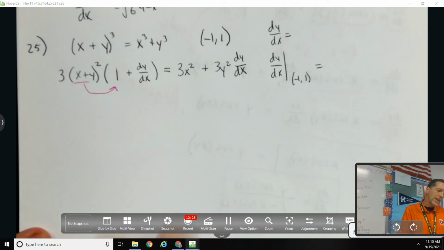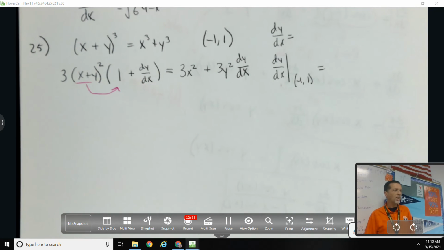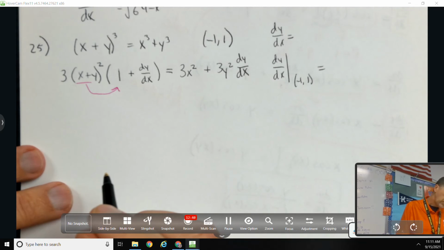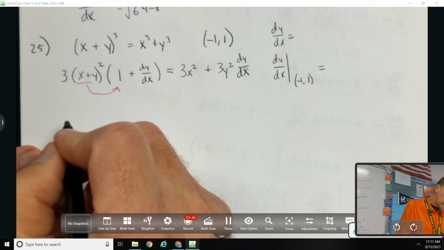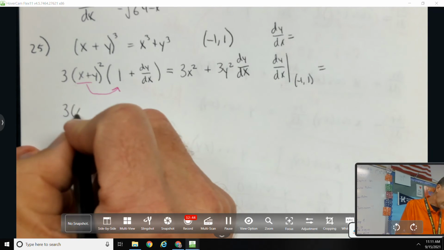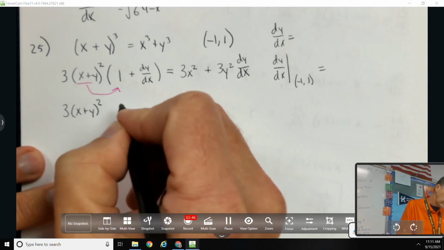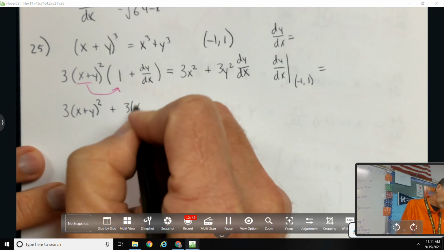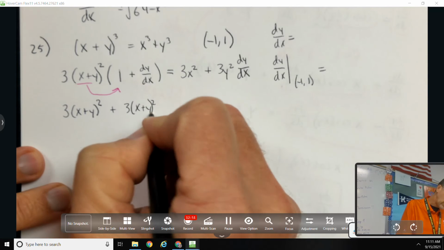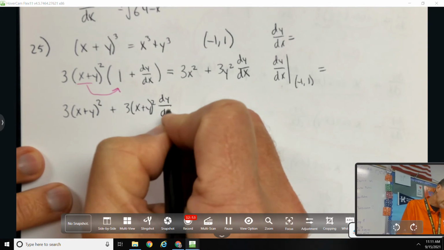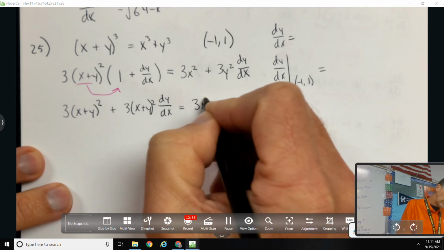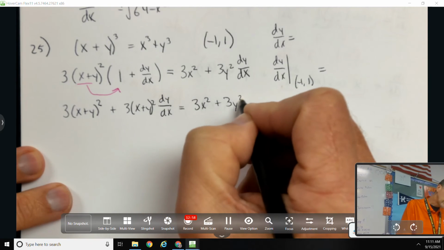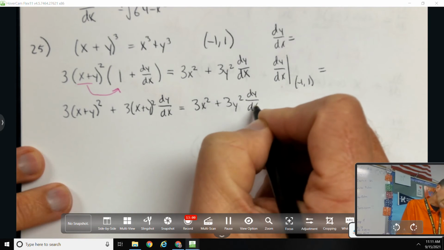Once again, I got dy/dx on both sides, and one of them is kind of buried on one side. So I have to do some cleanup algebra. Or you get the actual calculator. So let's see, 3 times (x plus y) squared plus 3 times (x plus y) squared dy/dx equals 3x squared plus 3y squared dy/dx.